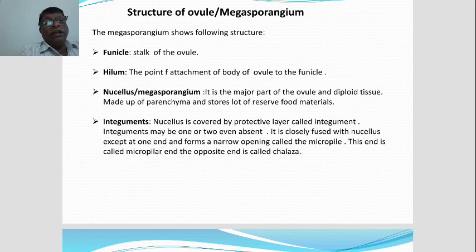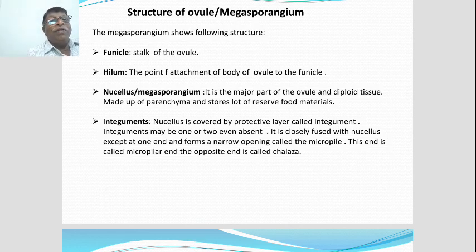Next, integuments. The megasporangium or nucellus is protected by a layer called integument. Integuments may be 1, 2 or 3, sometimes absent.